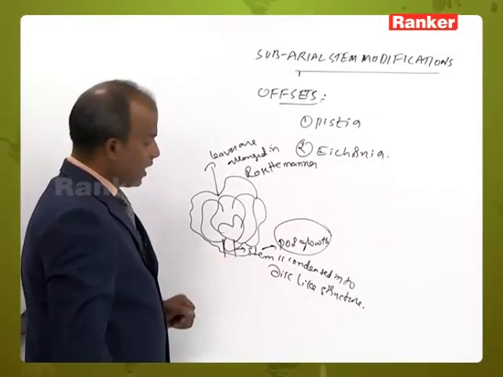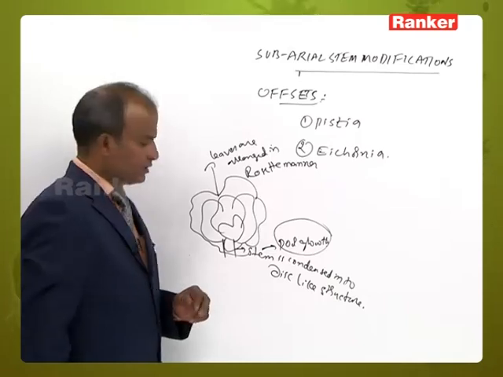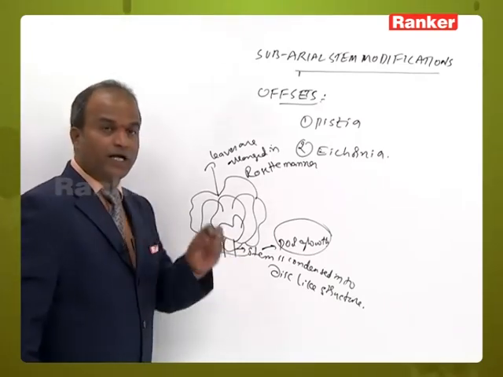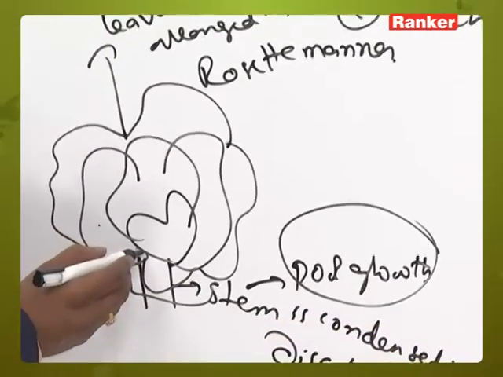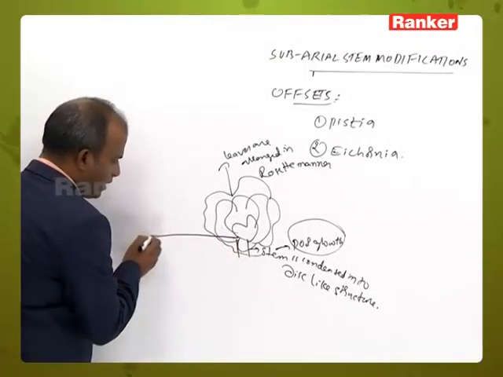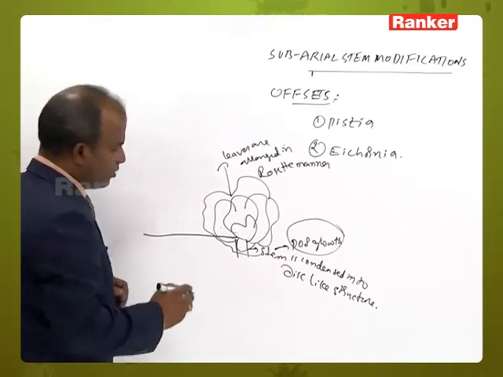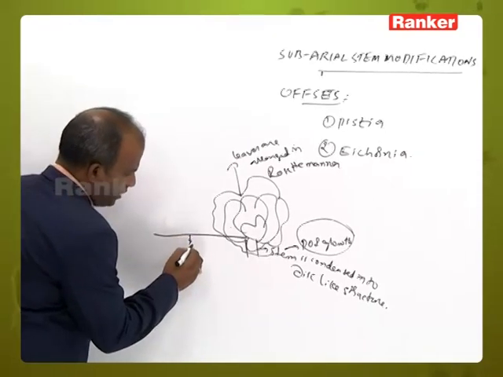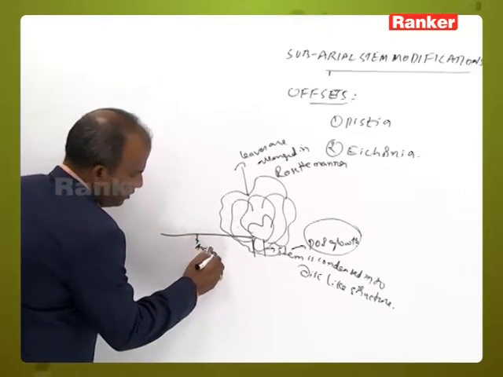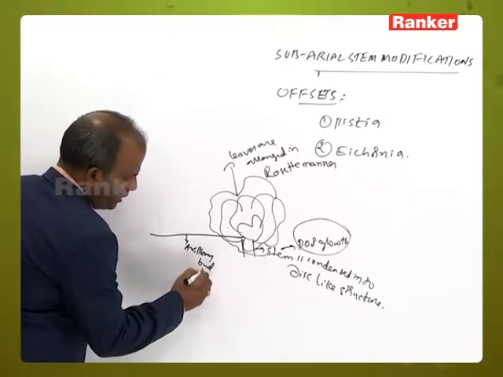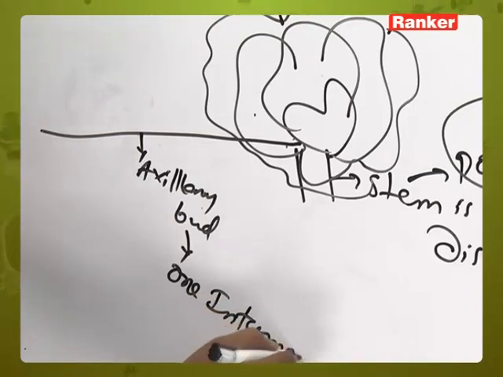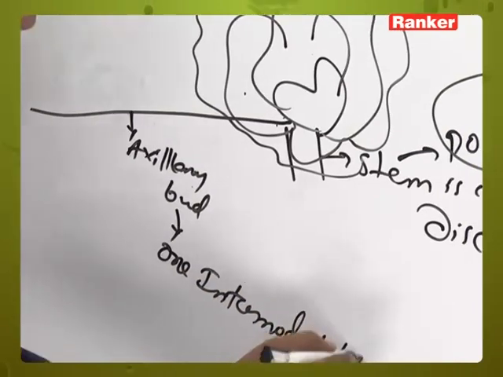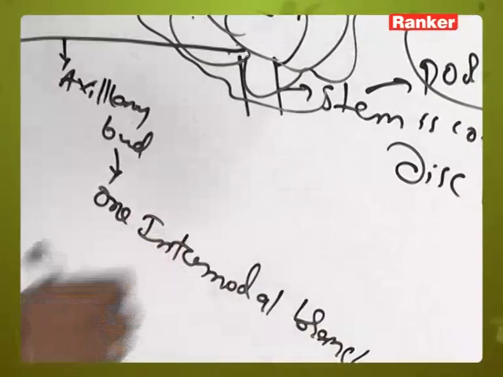And one more thing we have to discuss here. Each leaf contains an axil, where the axillary bud develops into one internodal branch.